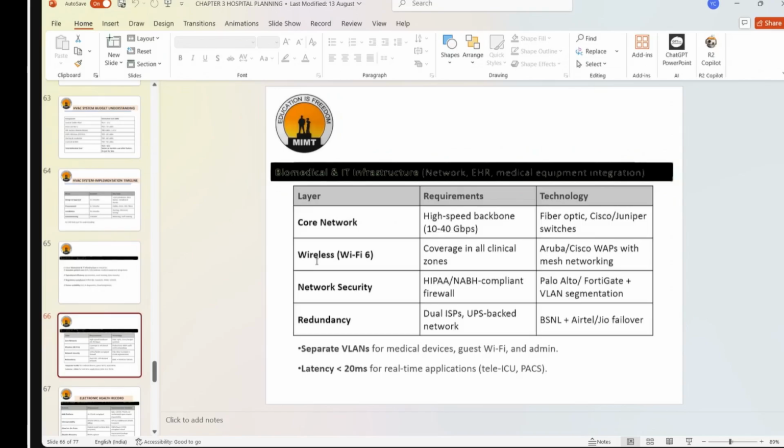Tele ICUs and the PACS. Tele ICUs, now after this COVID and all, a lot of thrust is given on telemedicine. So that is the tele ICU. Even the monitoring of the ICU is being done remotely by a qualified specialist doctor. They are sitting at one place, and all the patients who are in the ICU are being remotely monitored by them.